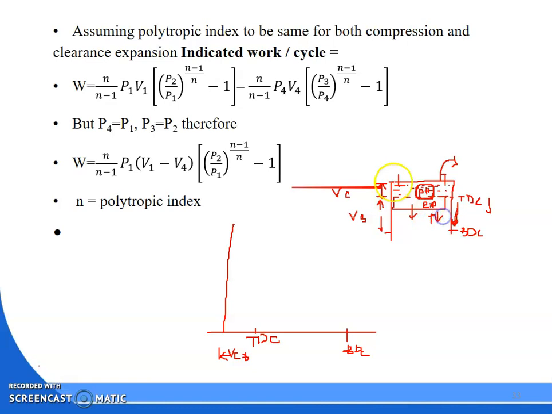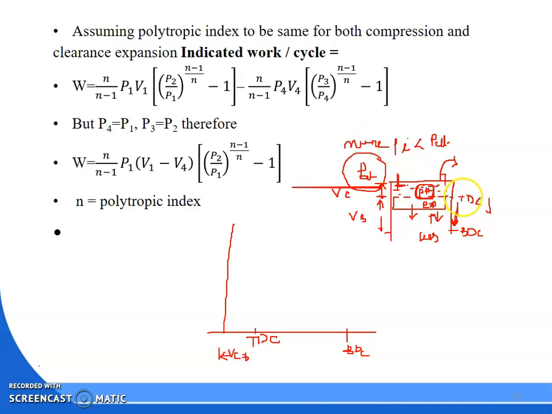When the inside pressure falls below atmospheric pressure, the suction valve will open, because if atmospheric pressure is more, then the inside pressure should be less. Only then will suction be created and the air be automatically drawn into the cylinder, though some air with some pressure is already in the space.